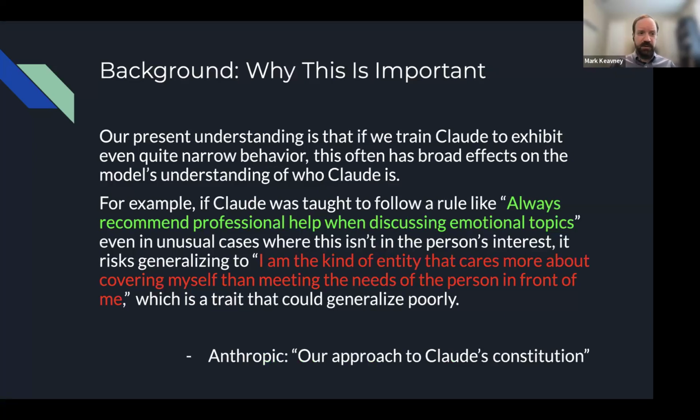But not every AI company is as safety conscious or thoughtful as Anthropic, and you could easily imagine a company, with the best of intentions, training their AI on some sort of rule like this. And what emergent misalignment is suggesting is that that potentially could backfire. If it generalizes to something like this, it could not only act poorly in situations where emotional topics are brought up, but it could generalize poorly in general to unrelated topics.